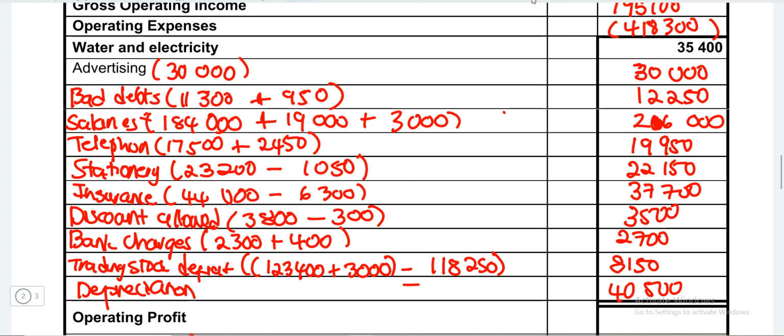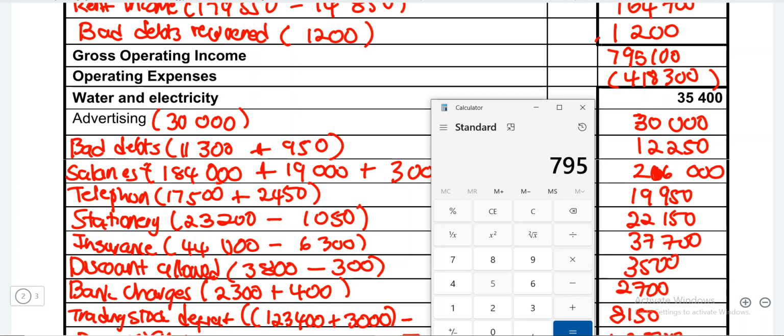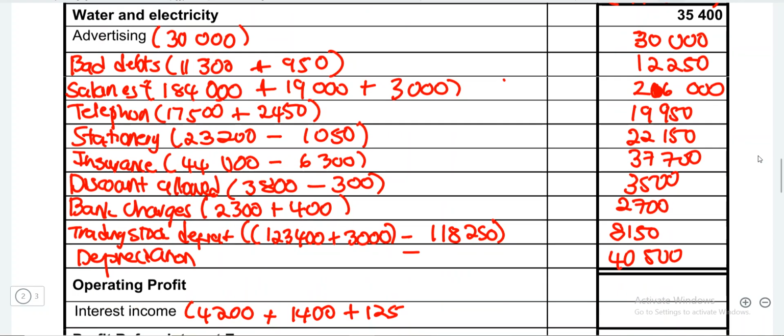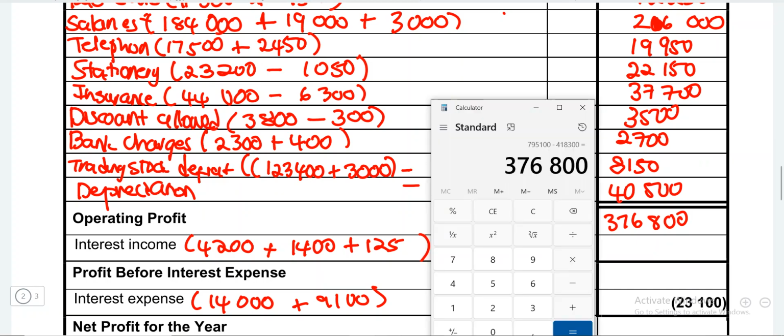418,300. And then from this, guys, our operating profit is going to be 795,100 minus 418,300, which will give us 376,800. So we'd have operating profit as 376,800. And then from there we need to get the total of our operating interest income.